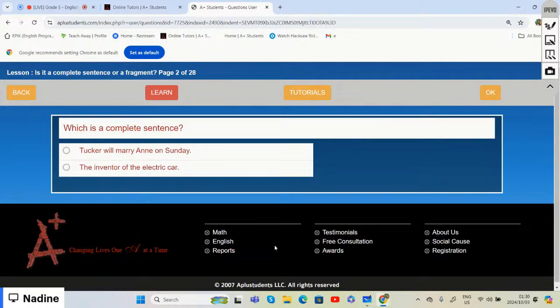Or option two, the inventor of the electric car.